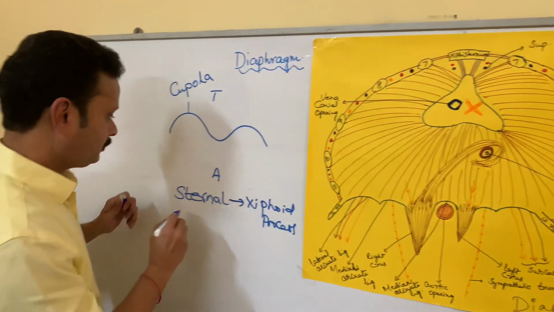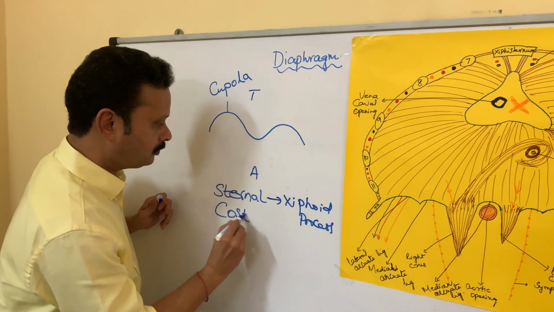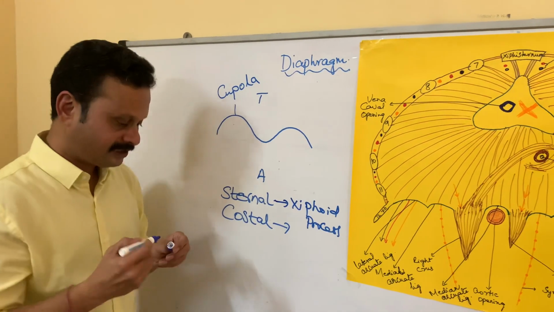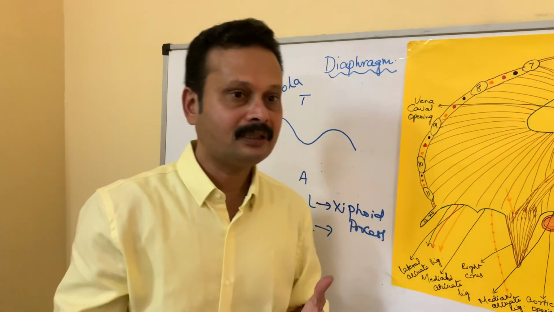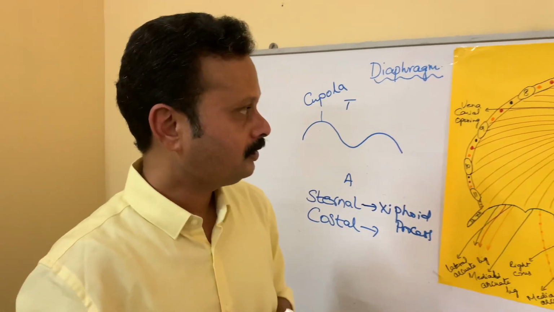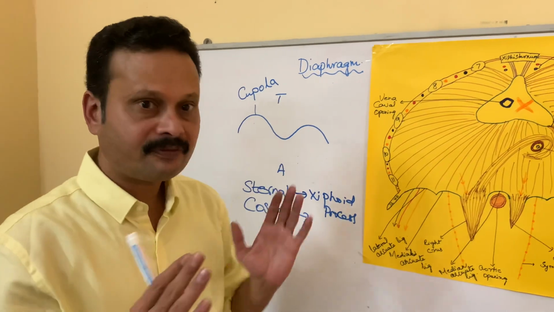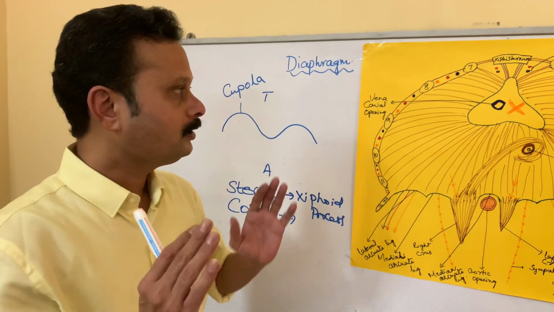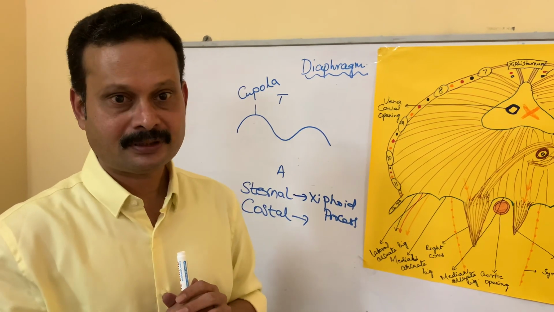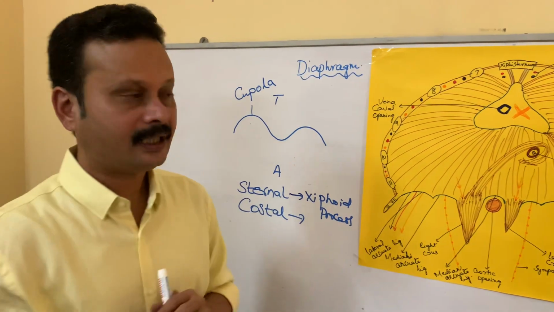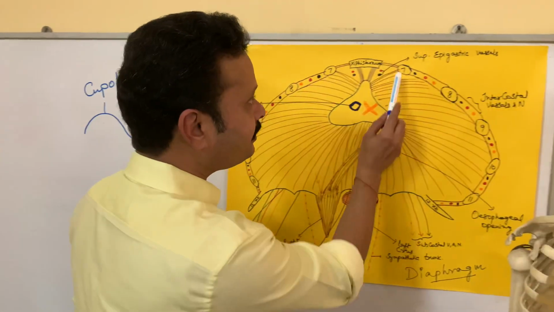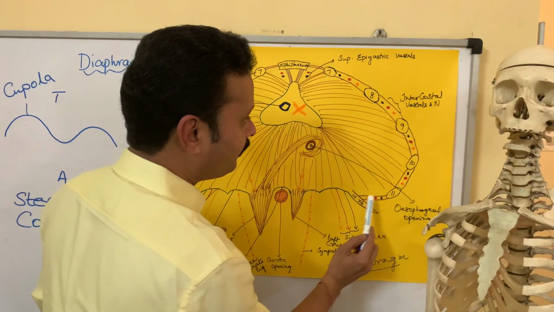Costal origin. Costa means rib, so this is the muscle coming from the ribs. From the inner surface of the lower 6 ribs, the costal origin arises. The lower 6 ribs are 7, 8, 9, 10, 11, 12.